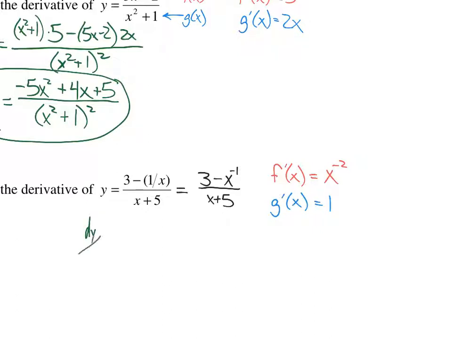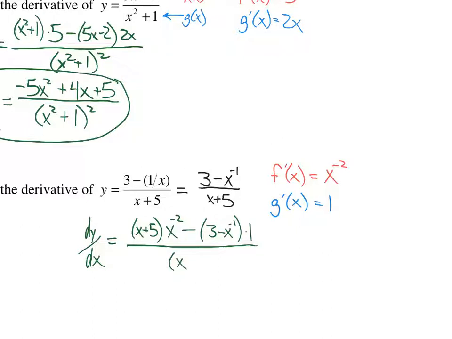So, dy dx, again, we have low d high minus high d low over low squared. So we simplify.